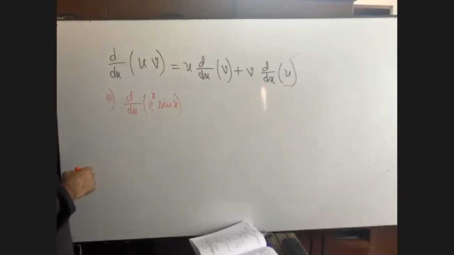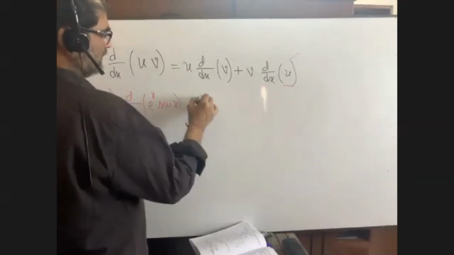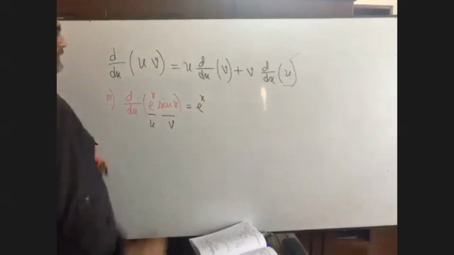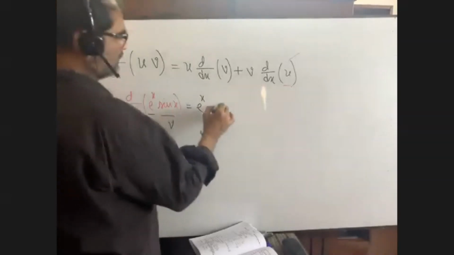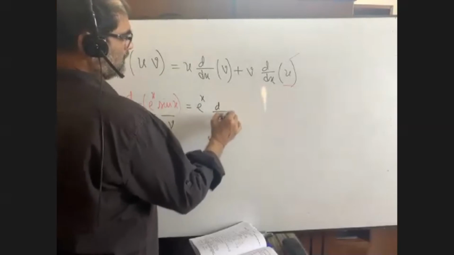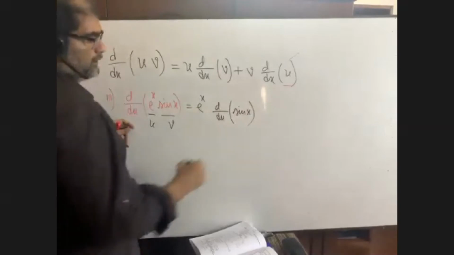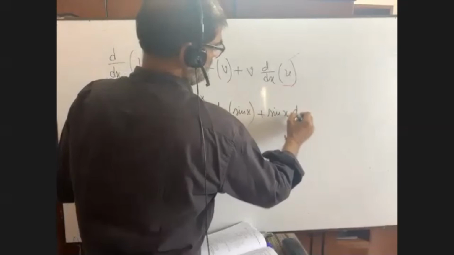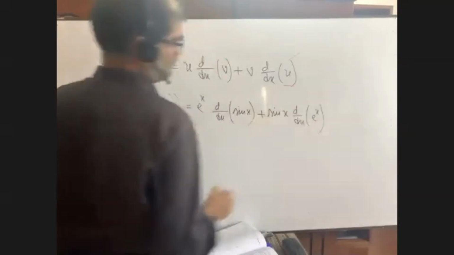Okay, do it by yourself. e to the power x means what? It is e to the power x. This is u and it is v. Then d by dx of sin x, again sin x d by dx e to the power x.